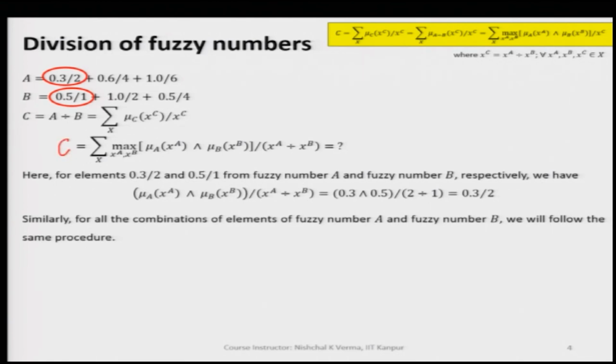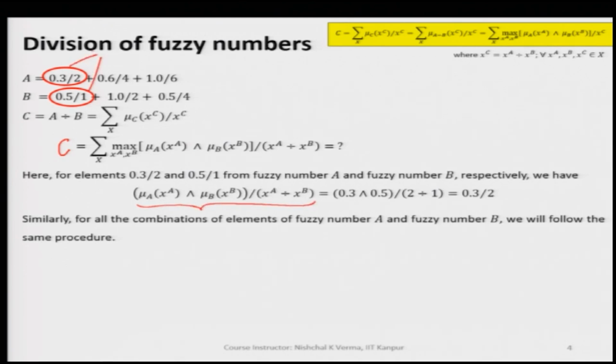So, for this we need to take the first element from A and the first element from B fuzzy numbers, and let us take their corresponding membership values and the generic variable values, and let us find the min of the membership values of the first combination.